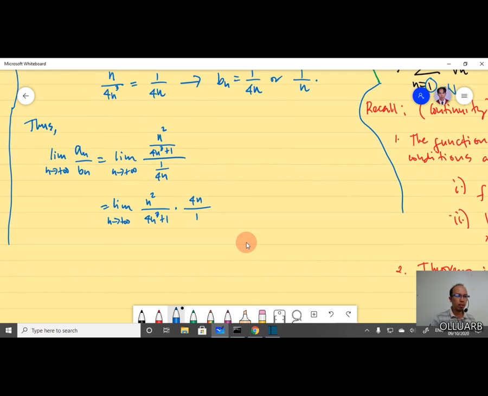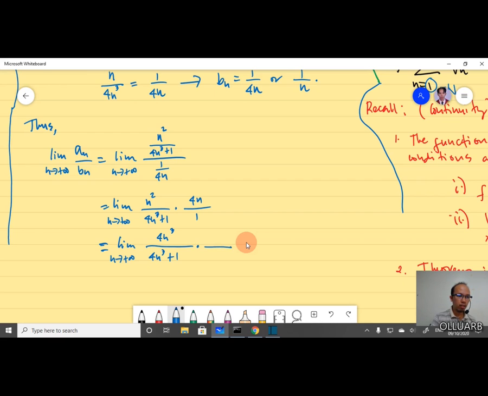Let's move upward. From here we have the limit; combine the numerator, we have 4n cubed over 4n cubed plus 1 as n approaches positive infinity. So simplify, we have the same exponent in the numerator and denominator.